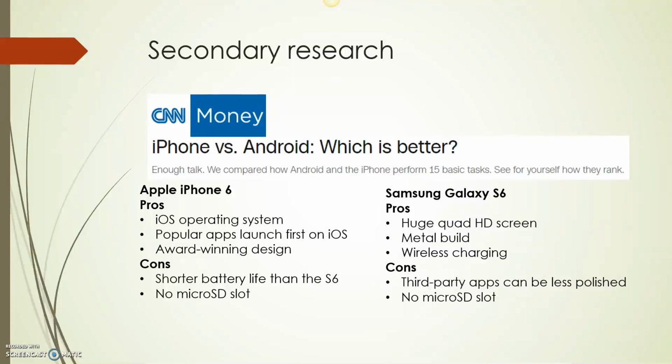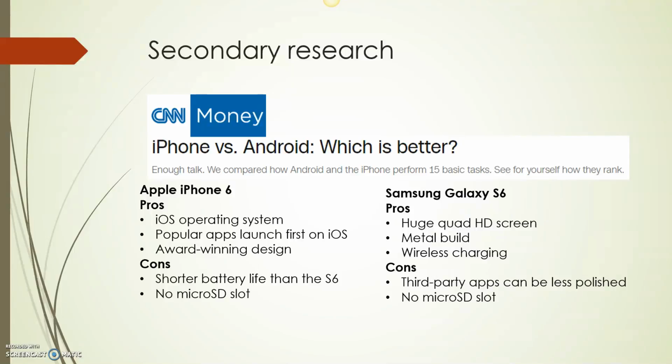Moving to the Samsung Galaxy S6, the advantages were the huge Quad HD screen, as mentioned. It has a better resolution, almost twice the 6S. And also the design, it is built to last longer, and it also has wireless charging.